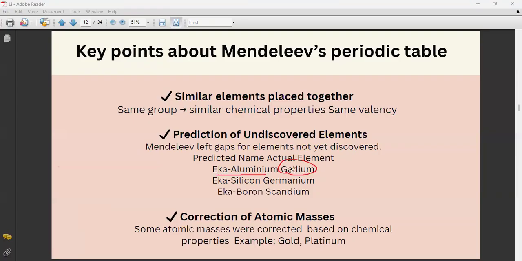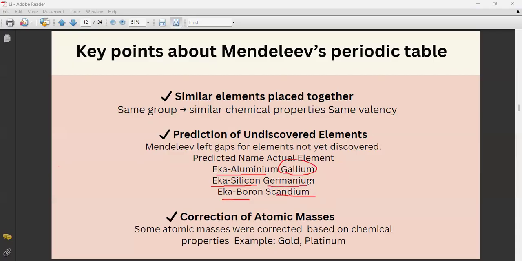So whatever elements weren't discovered at that time, he gave names for them, and he also left some spaces in his periodic table for these elements, like Eka-silicon and Eka-boron. Eka-boron is also known as scandium these days, and Eka-silicon is known as germanium.